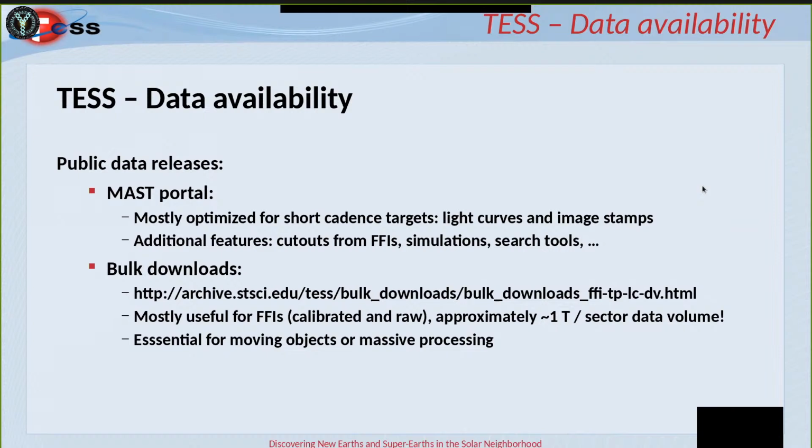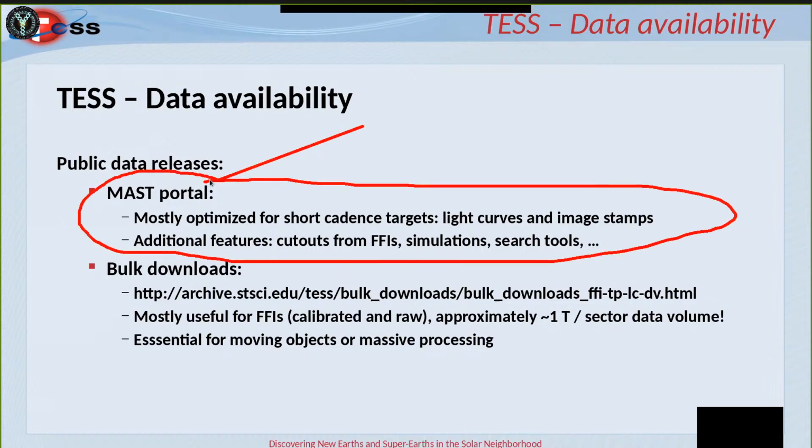It also has some additional features like cutouts from full frame images, simulations, and search tools. This is very good if you are interested in a single star or a few stars, which you can analyze manually. You can just download the data, do the photometry, and do some analysis.